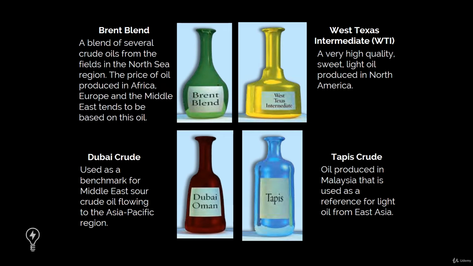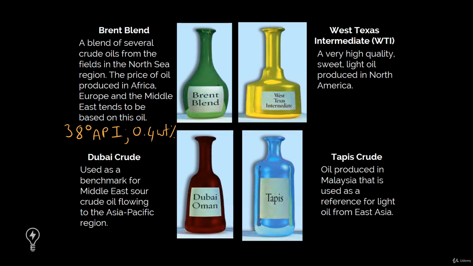Brent is a relatively light crude oil, and it has an API gravity of about 38 degrees, and it contains about 0.4 weight% sulfur, classifying it as a sweet crude.